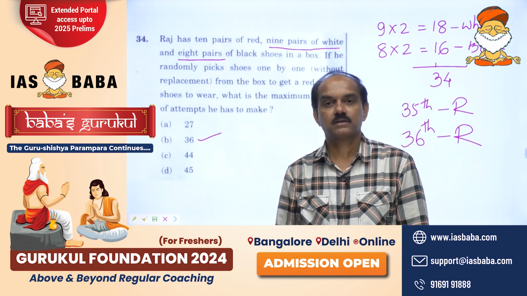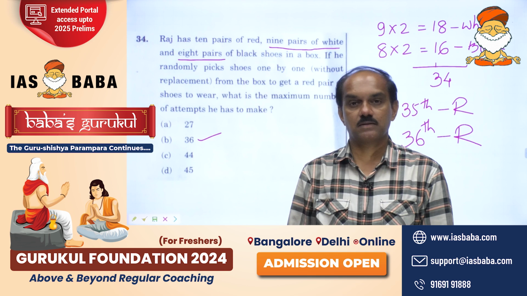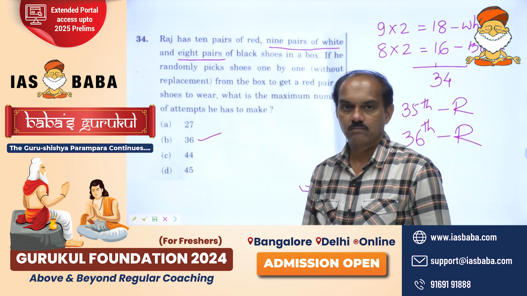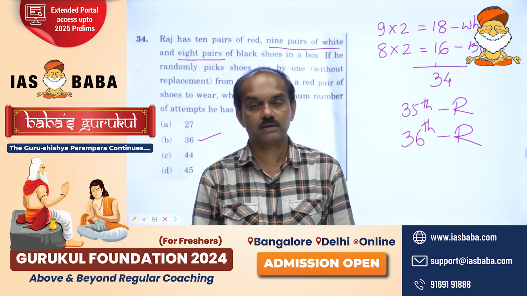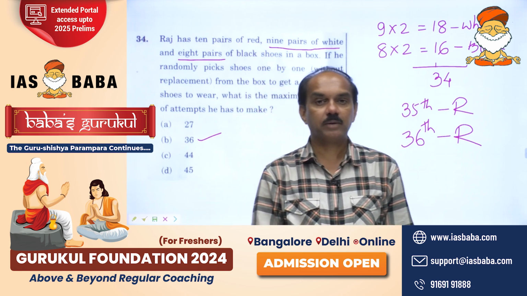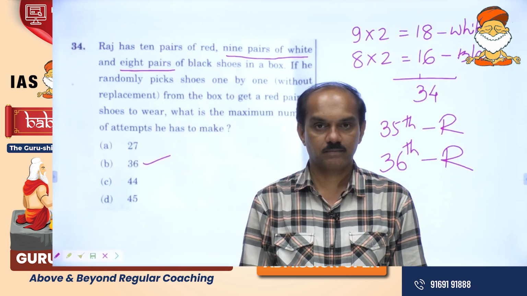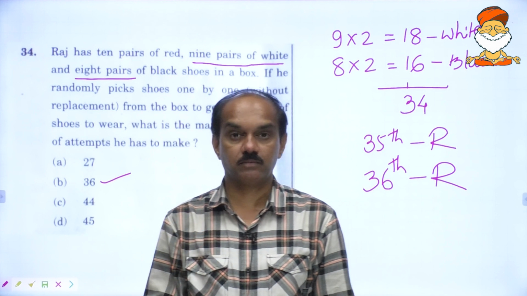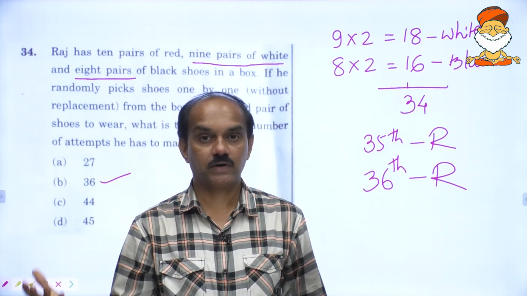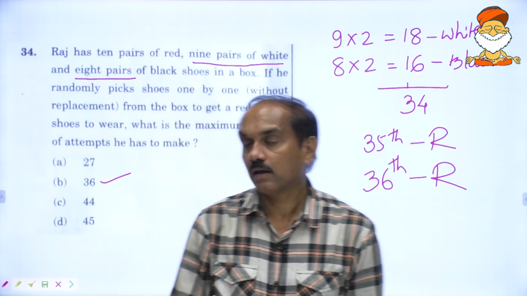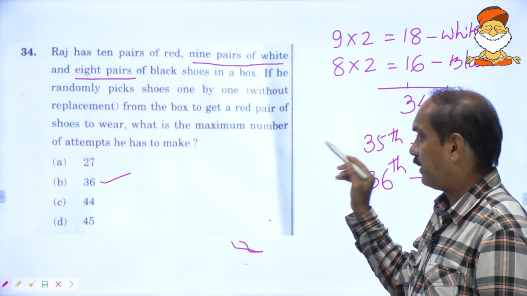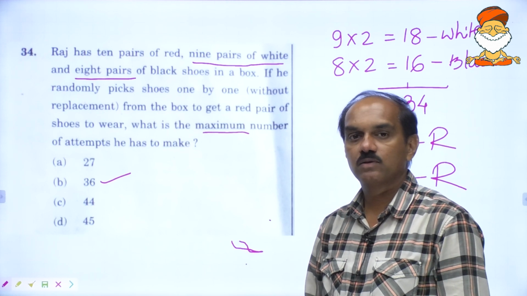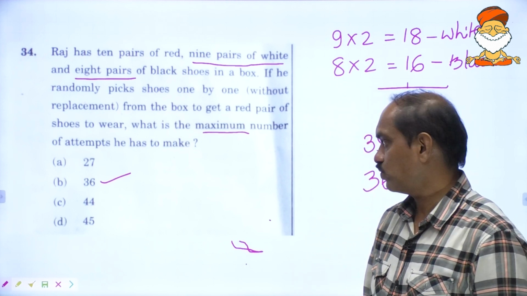See here, friends, your doubt may be, what if he gets red colored in the beginning itself? Of course, he may get. But he is using the word maximum number of attempts. So when he says the word maximum, then first he will have to give chance to the other colored shoes.